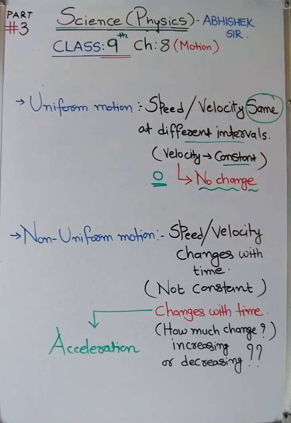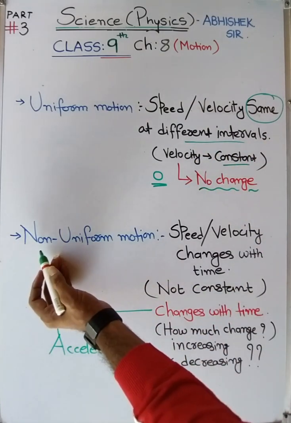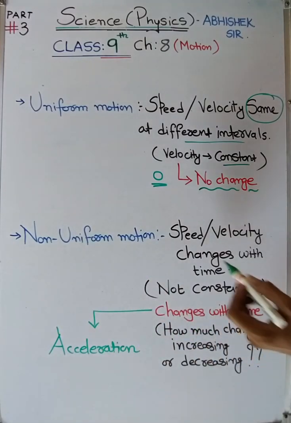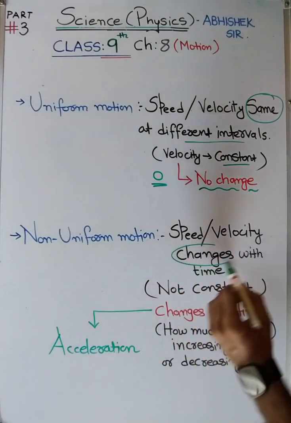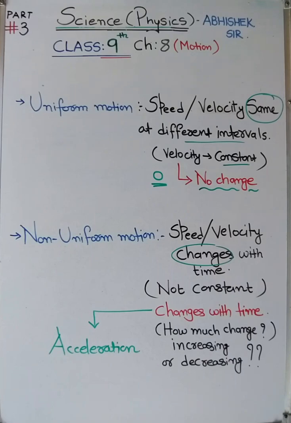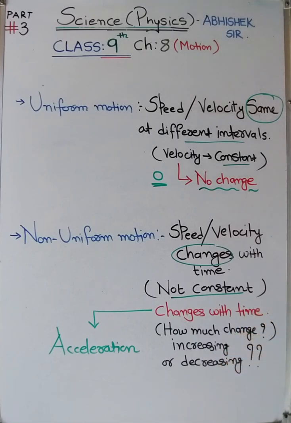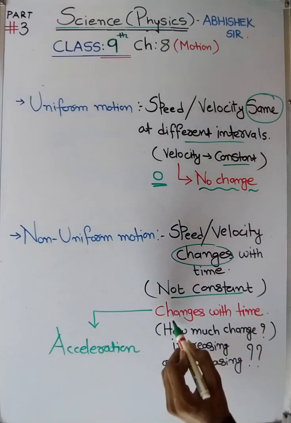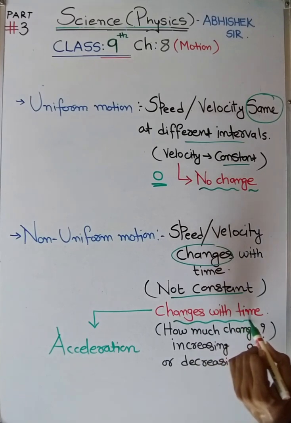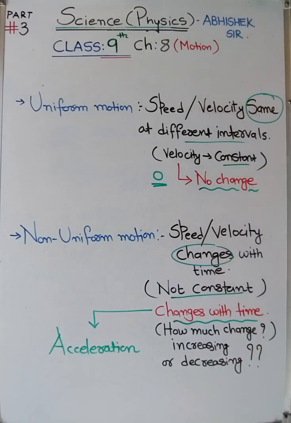Now let us move towards non-uniform motion. In non-uniform motion, speed and velocity change with time. That means they are not constant, they keep changing. Either they increase or they decrease. So the changes with time must be measured.